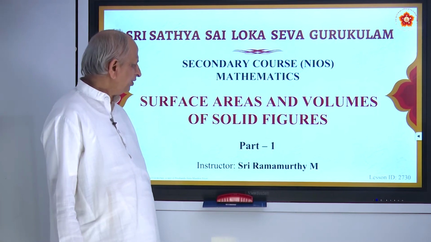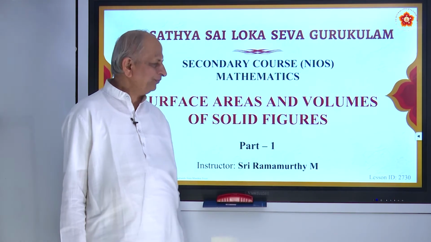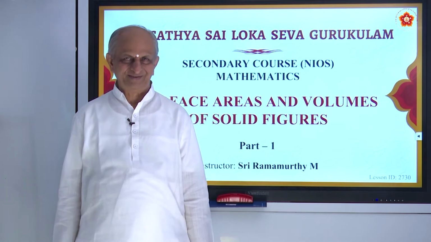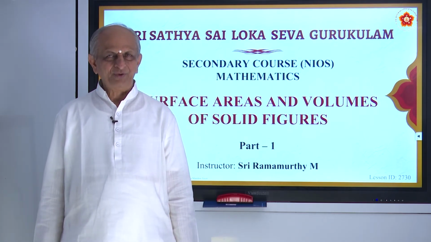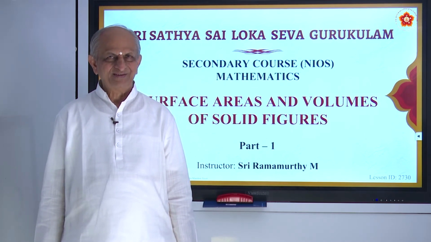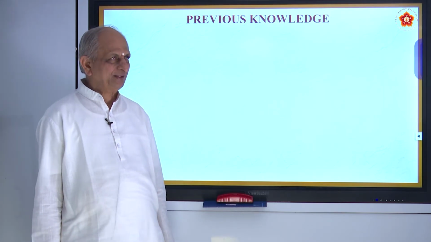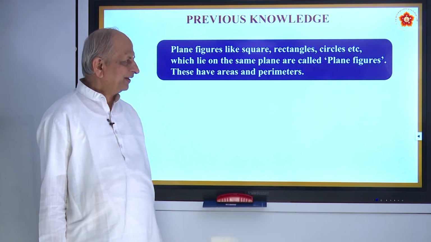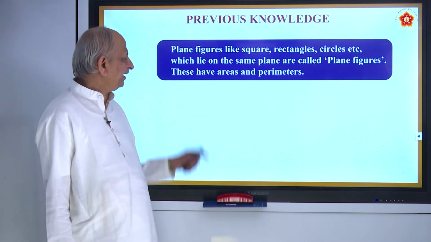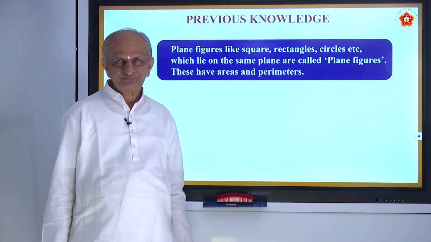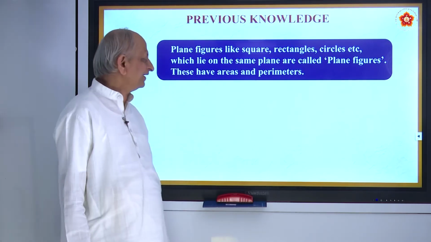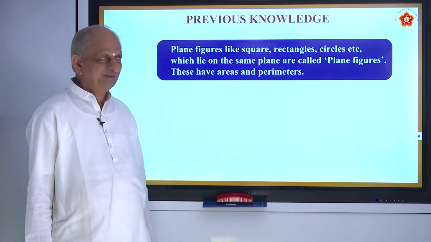And the topic is about surface areas and volumes of solid figures. So before you come to this, you should know some of the basic things about what are called plane figures. Plane figures like square.